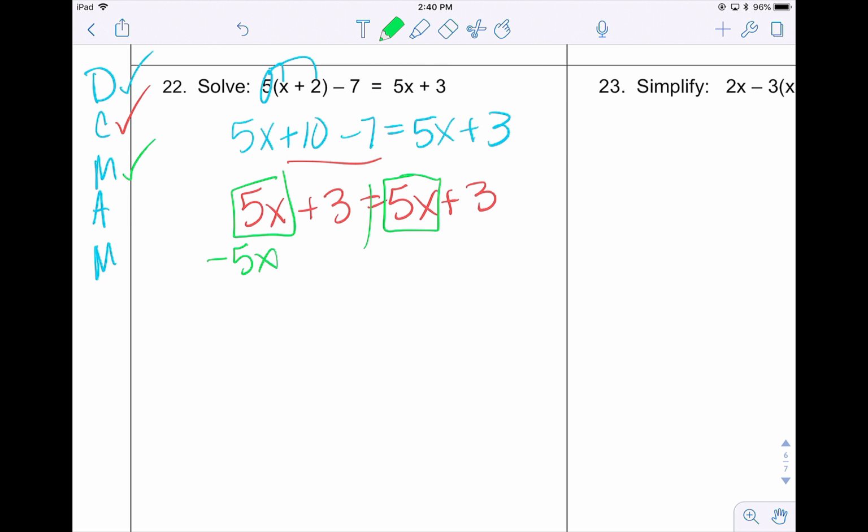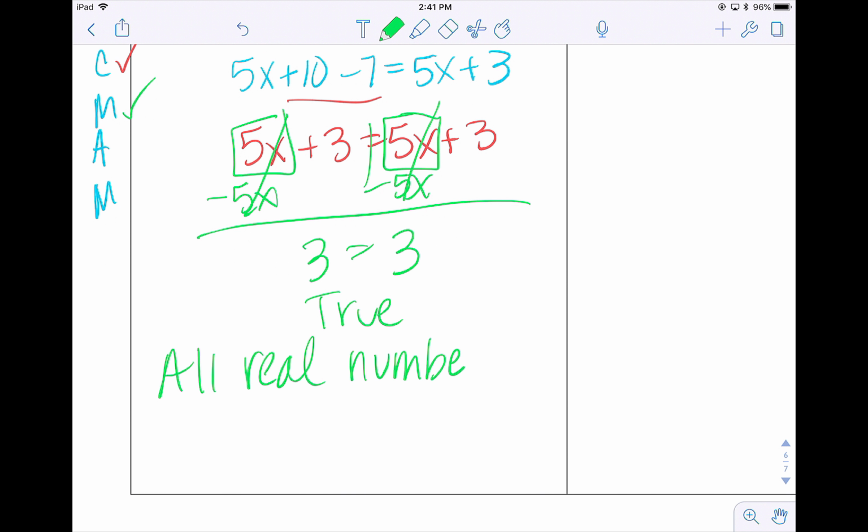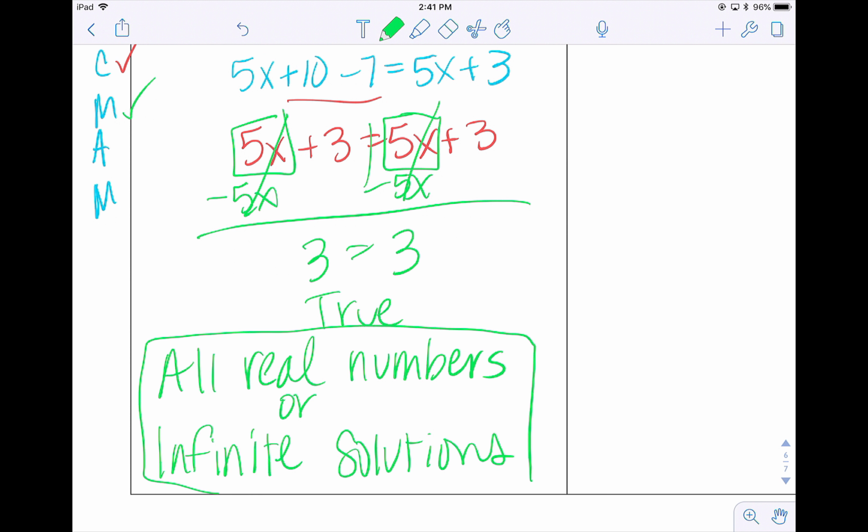I'll move the left one. Now for this one, my x's cancel on both sides, and I'm left with 3 equals 3. Now 3 equals 3 is true, so this is all real numbers, or infinite solutions, whichever you prefer. You can also do the double R.